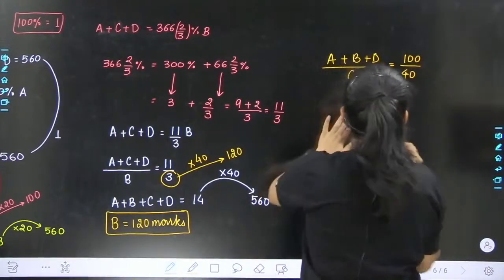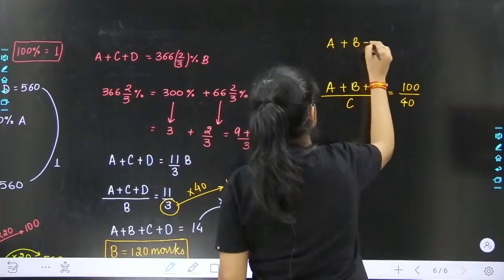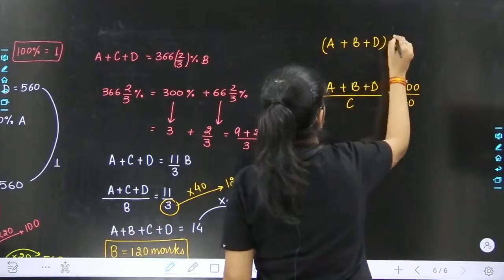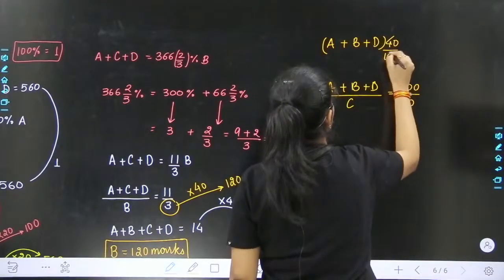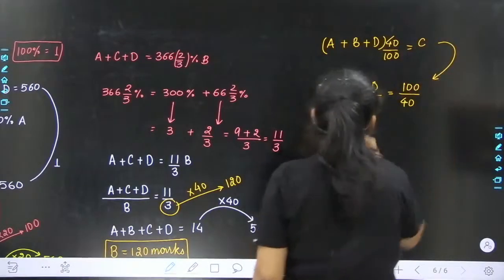We have A plus B plus D and we have to calculate 40% of that which is equal to C. I can write this equation in this pattern.